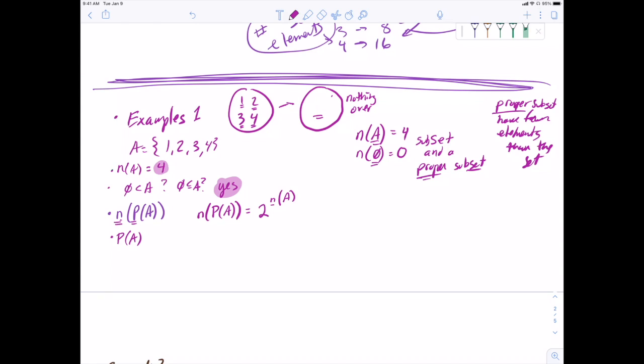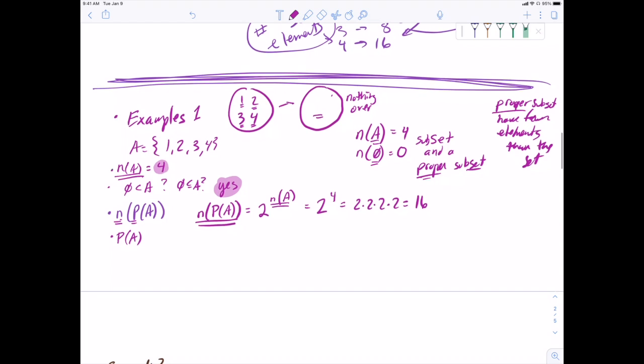We know that the number of elements in A is 4. So that's 2 to the 4, which is 2 times 2 times 2 times 2, equal to 16. So there's got to be 16 elements in the power set of A. Wow. So there's got to be 16 things.